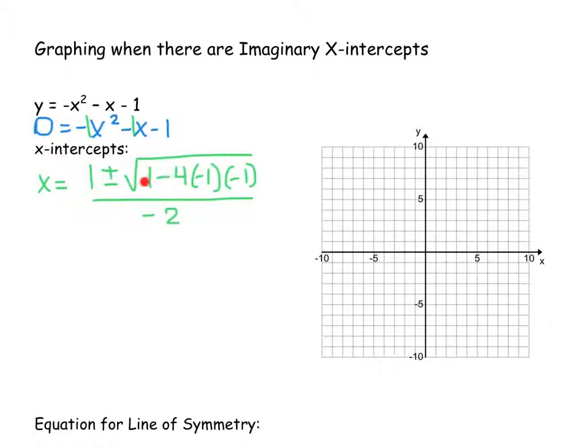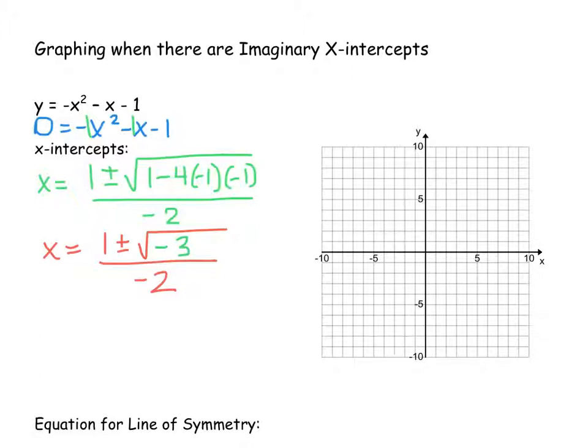Alrighty, so pretending we have no idea what this type of number will be, we're going to type this into our calculator and see what's inside of our square root. We'll have 1 plus or minus the square root, and then divide by negative 2. So, in our calculators, 1 minus 4 times negative 1 times negative 1 ends up being negative 3.